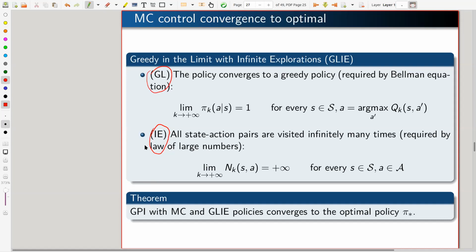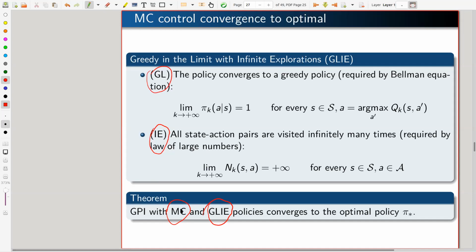So we have several methods, and now we have a theorem stating that if the method is Monte Carlo and satisfies these two hypotheses, the first is for the policy to be greedy in the limit, GL, and the second is for the policy giving you infinite exploration, IE, and altogether GLIE.